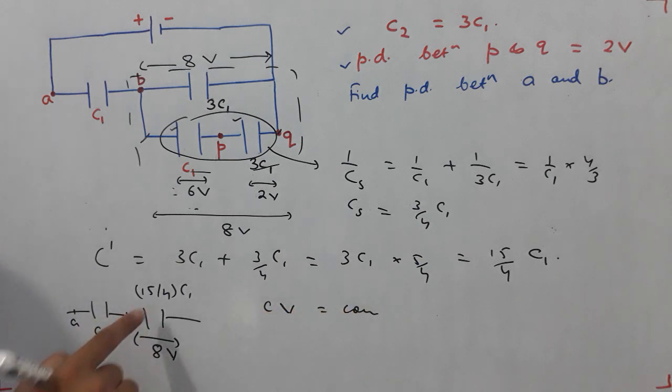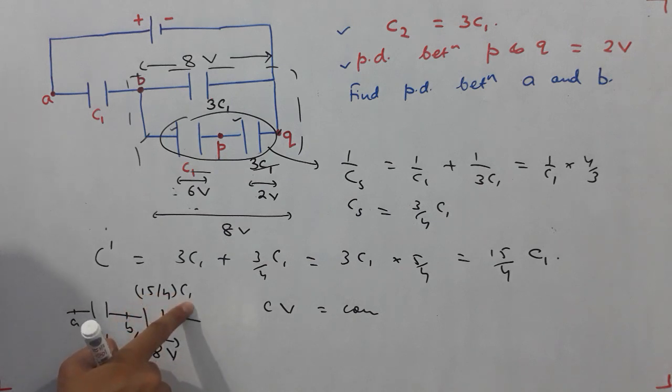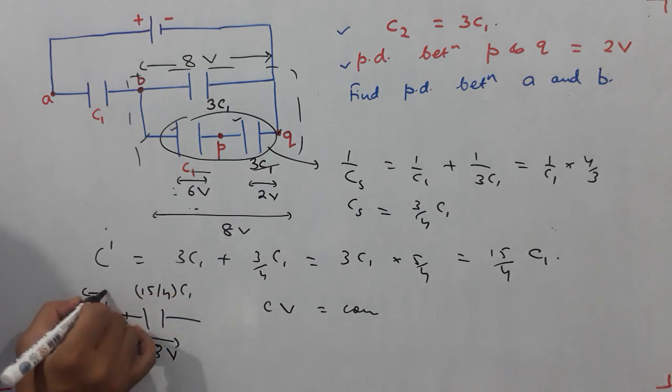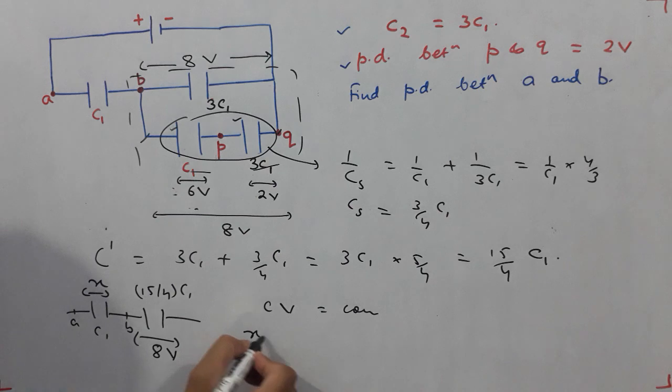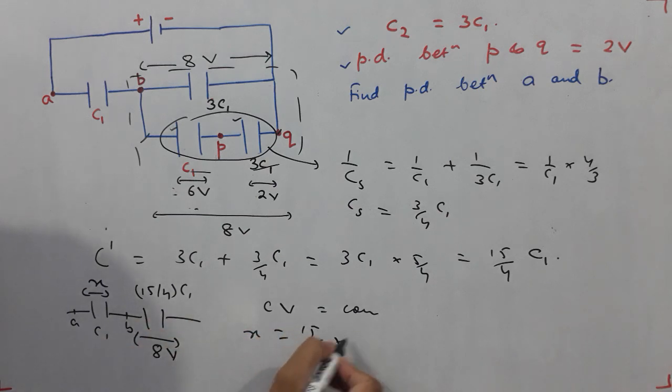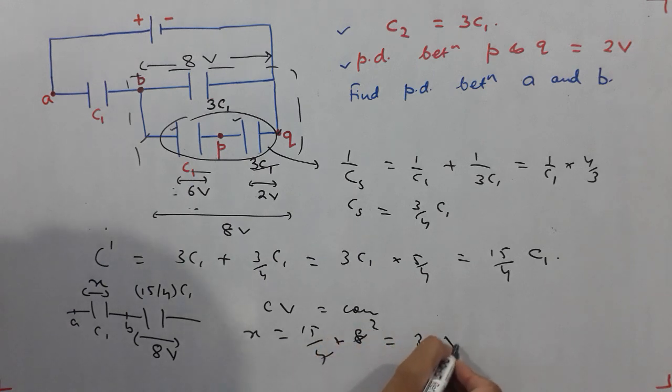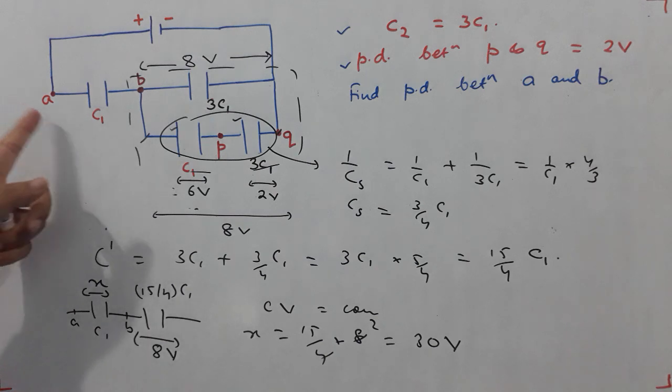Here it is C1 and here it is 15 by 4 C1. Therefore this voltage, suppose it is X, that voltage X will be 15 by 4 times 8 volts. And that becomes 30 volts. So that is the answer to this question. 30 volt will be the potential difference between the points A and B.